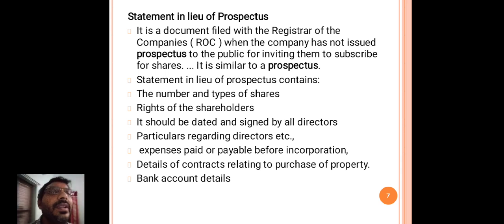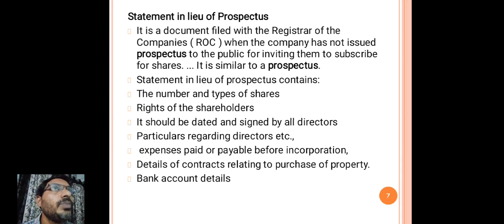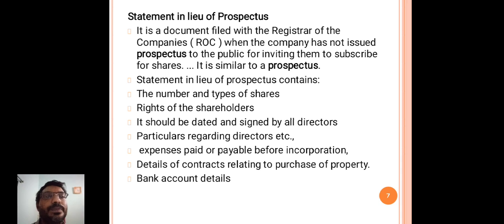A statement in lieu of prospectus is similar to a prospectus. Almost all the details in the prospectus are similar in a statement in lieu of prospectus.